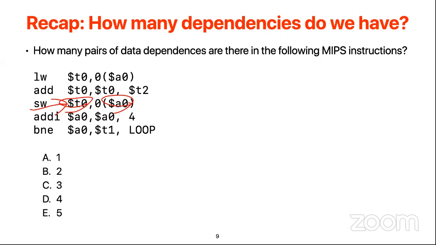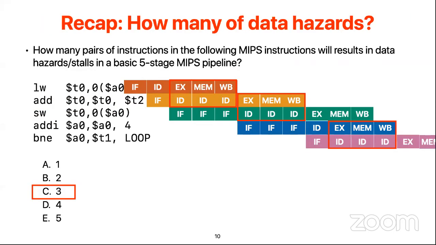Okay, Byron, question? I think I heard you earlier say that A0 in the store word is a source as well. Did I hear that correctly? Yes. Both A0 and T0 are sources. Store word means that we are storing data into memory address A0 plus 0.